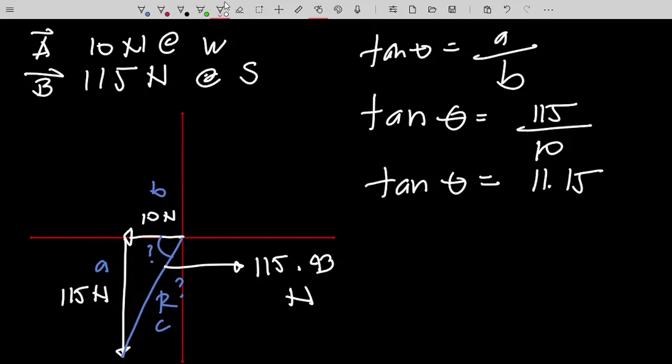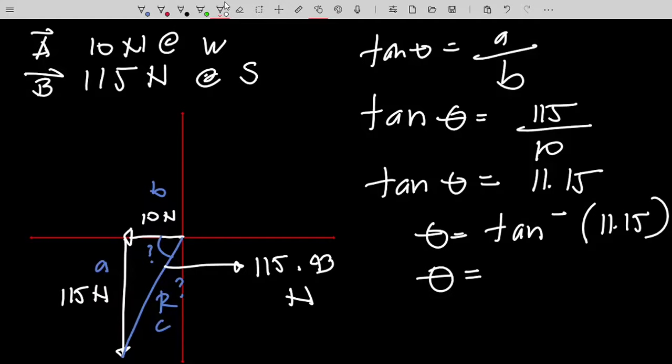Then transpose your tangent, so theta equals tangent -1 times 11.5. So when you calculate this one, you should have the value of 85.03 degrees.